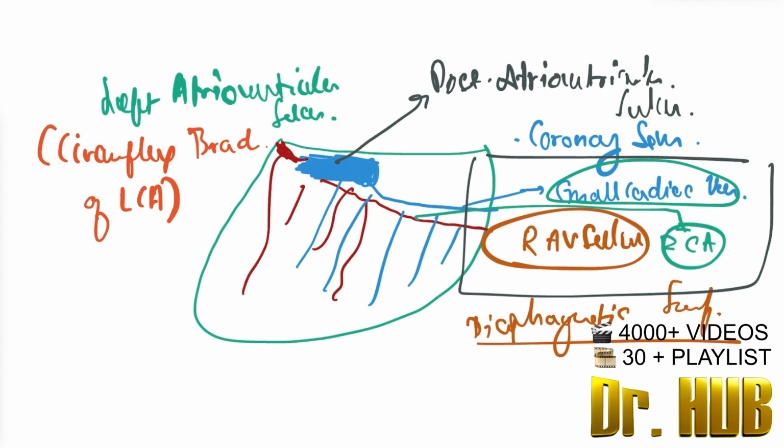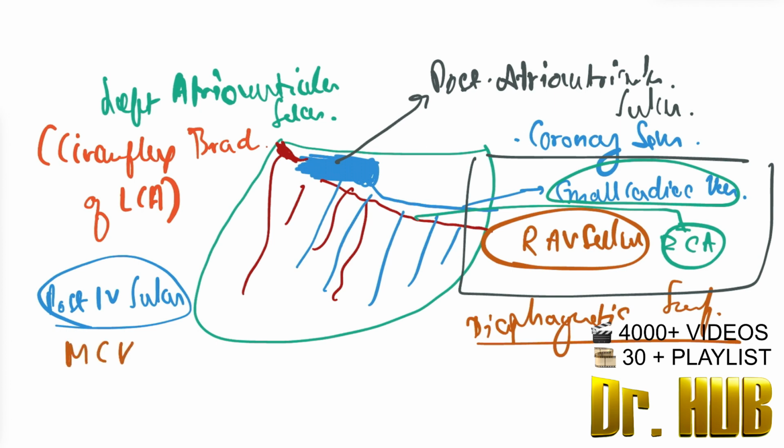Now let's see what is present in the posterior IV sulcus. Under the posterior interventricular sulcus there is a middle cardiac vein, that is the MCV.